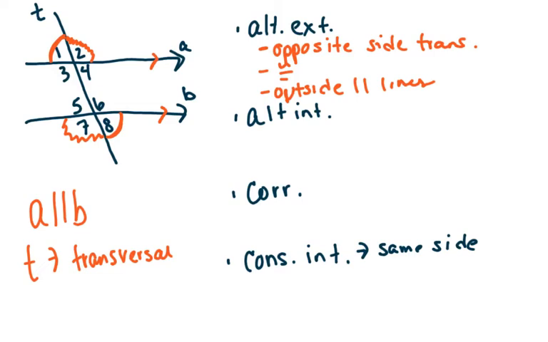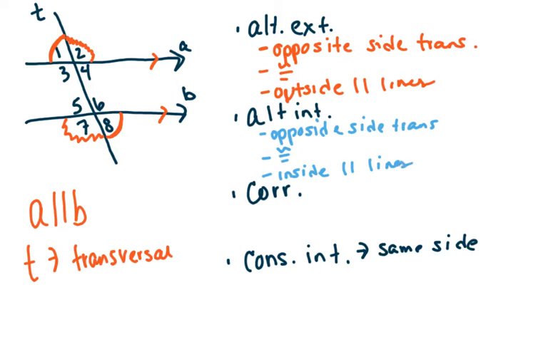So then jumping down to alternate interior, it's the same concept. So they're opposite sides. They are congruent to one another. Now the only difference is instead of being outside the parallel lines, they're inside the parallel lines.